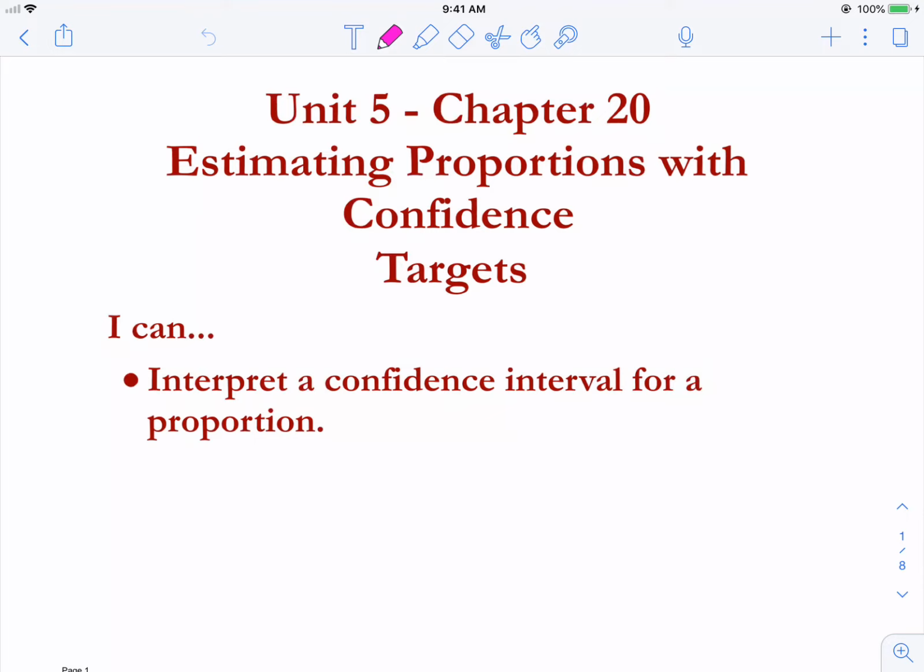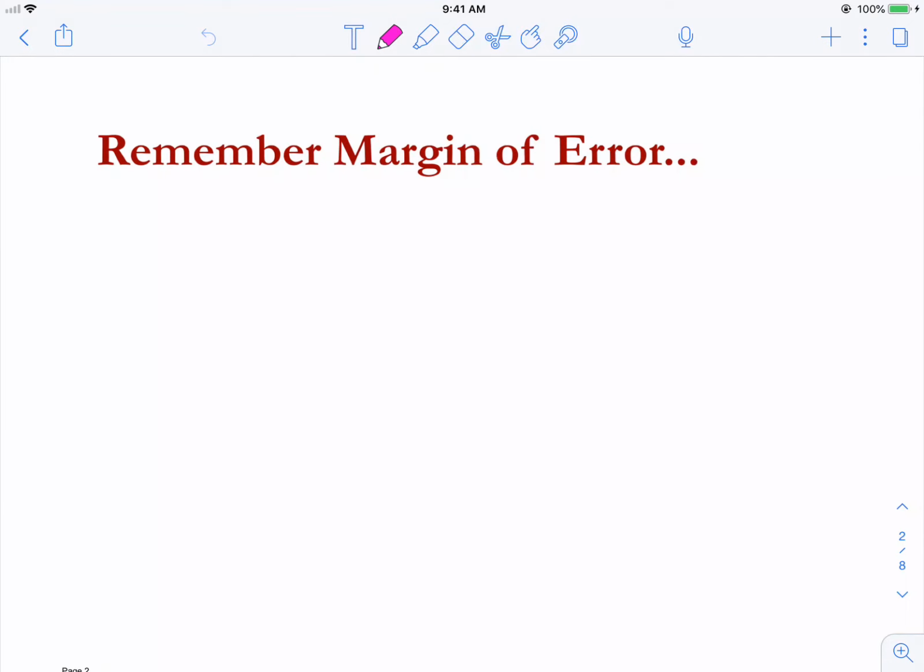So we're going to start today by looking at confidence intervals for a single proportion. And to begin, we want to recall something we talked about in the first semester, which was margin of error.